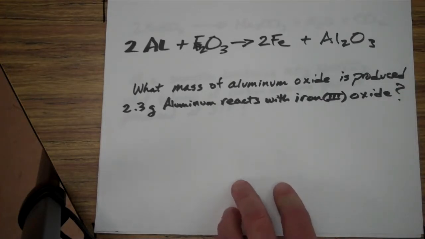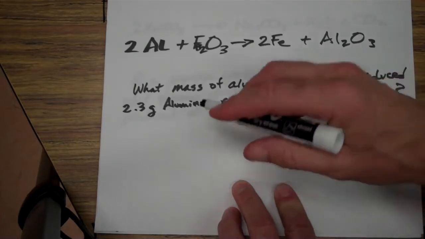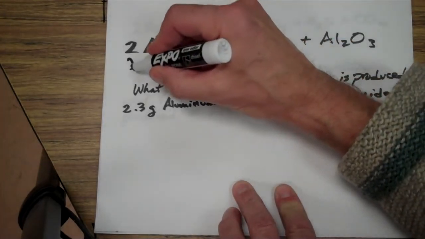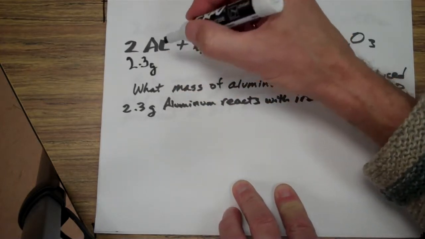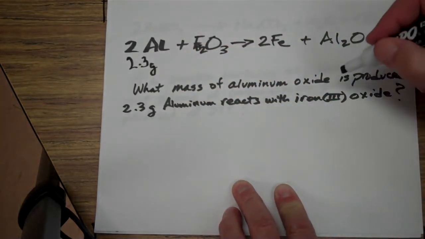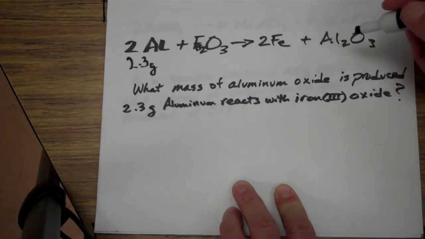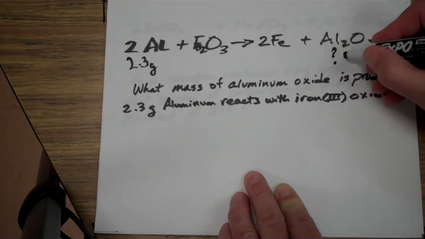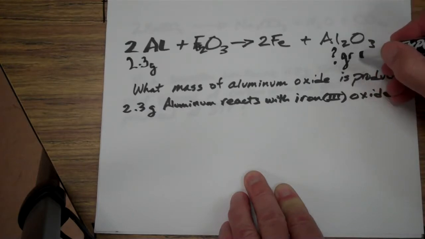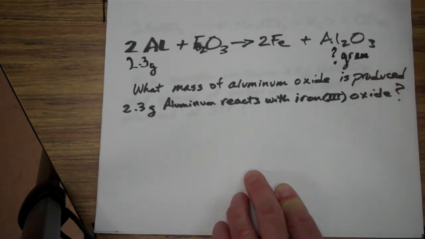So the first thing I like to do is write down my given quantities, and that's my 2.3 grams of aluminum, that's my known, and I want to find the mass of aluminum oxide. So I'm going to put a big question mark grams here under the product.